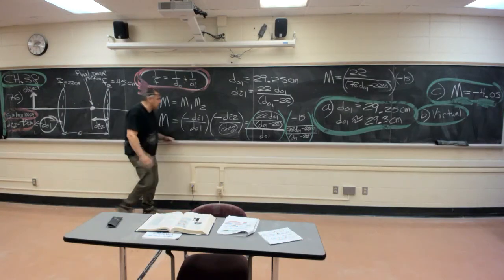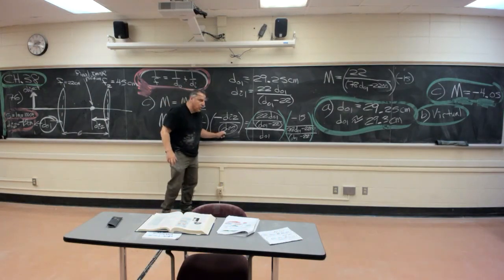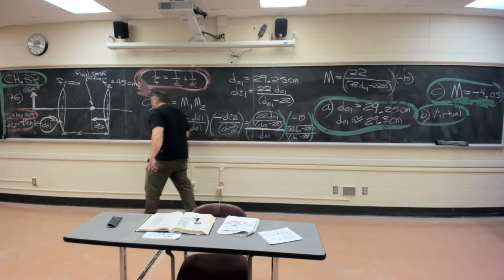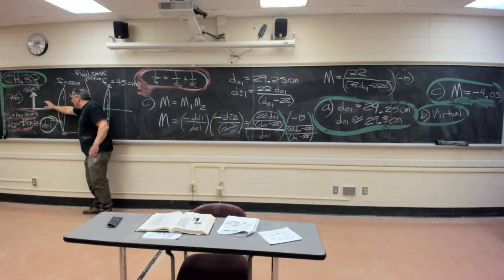So DI1 and DO2 are the same thing, but the distance DI1 is the distance on the other side of lens 1 from lens 1.